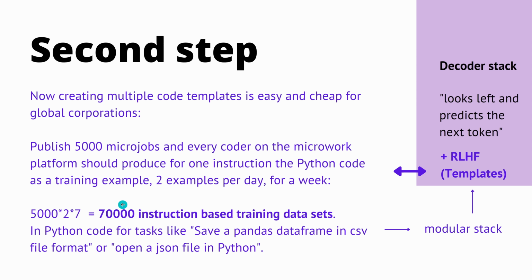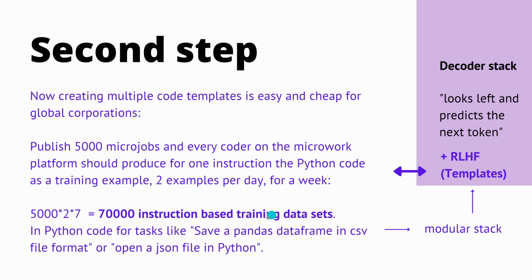And you see, easy, in a week you get 70,000 code instructions that now form your new training data set that are based on templates. So whenever you have a task like save a Pandas data frame in a CSV file format or open a JSON file in Python, those 5,000 macro jobs create in a week already 70,000 instruction-based Python code training data sets, for example, if you focus on Python.